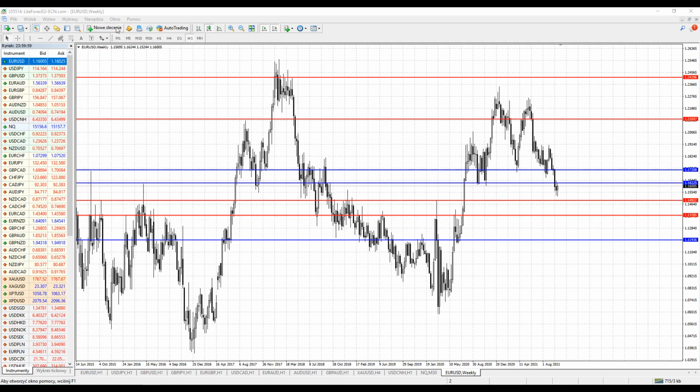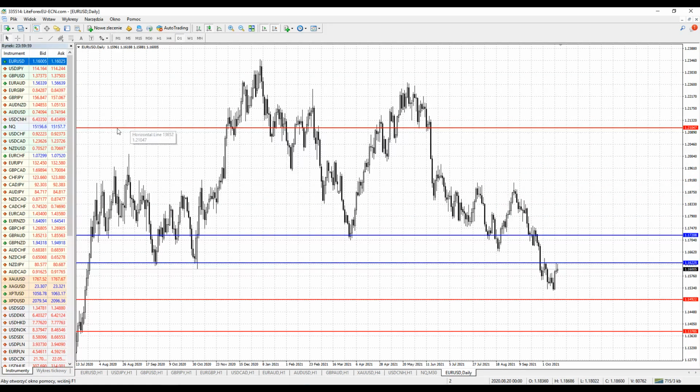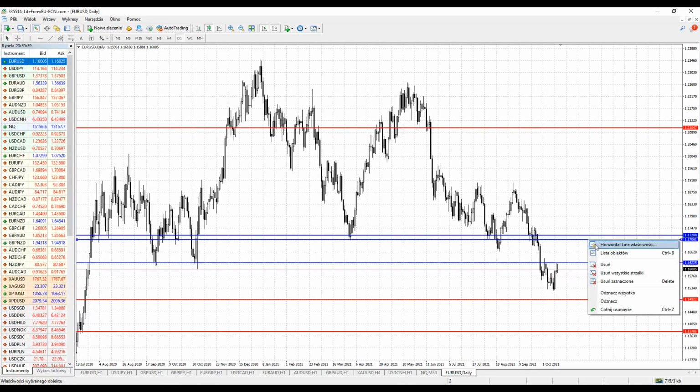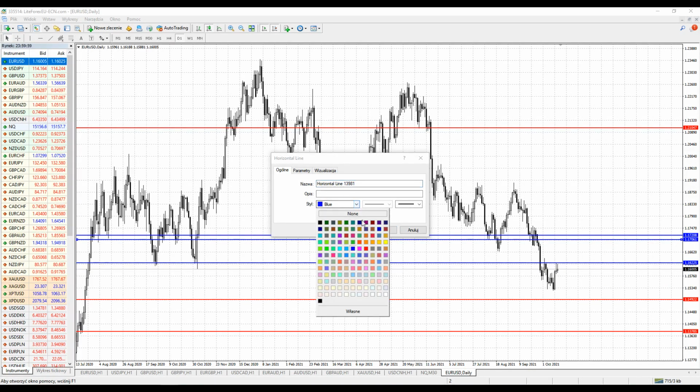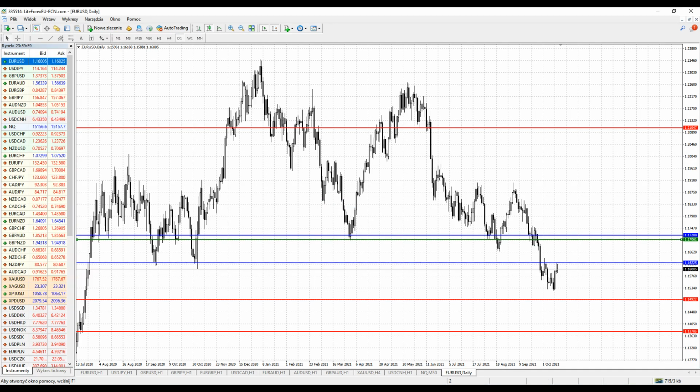Now, switching lower to the daily chart, what we have here? Well, I would strongly encourage you to watch the latest price action when it comes to the breakouts, breakdowns. In that case, we are going to place the possible supply line a little bit lower compared to the weekly chart, and in that case it's going to be somewhere here. So as you can see, we are creating for ourselves some possible supply.